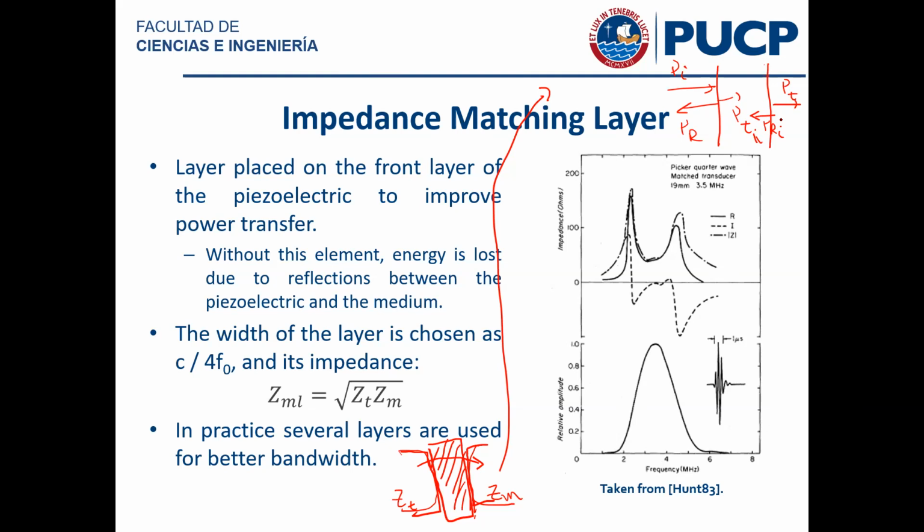And you can realize that instead of having two unknowns, which are the reflection coefficient for PR and the transmission for PT, now we also have the reflection and the transmission coefficients for the ones inside the layer. Because we have PR, PTI, PRI, and PT.